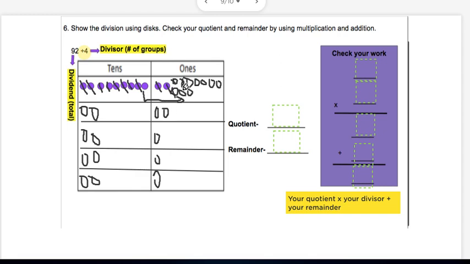And once you have your answer of how many discs we have in each group, I want you to unpause the video and see if Miss Turner got the same answer as you. Did you get the same thing as me?